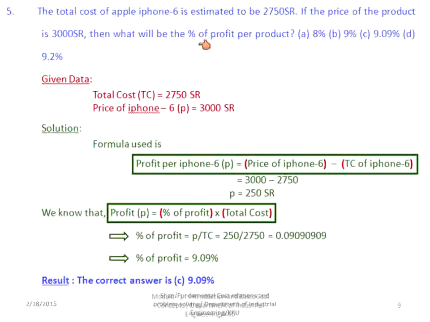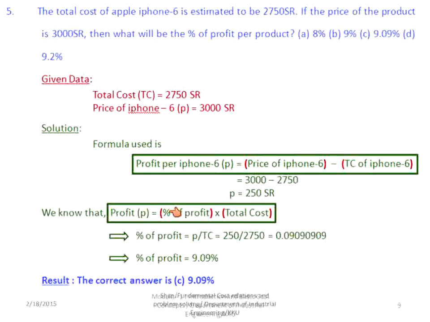We got the profit. What is the question? What will be the percentage of profit? You should find the profit in terms of percentage value. So first we found the profit as 250.